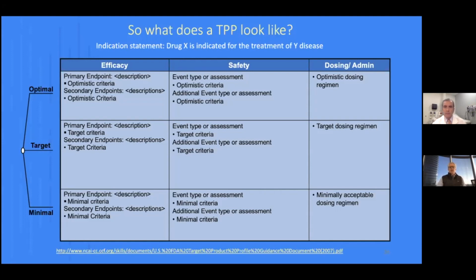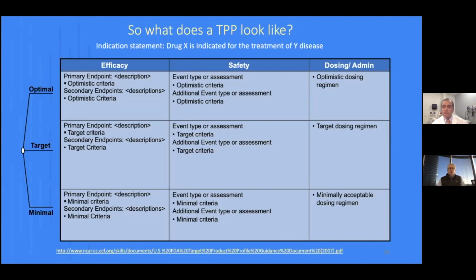And we often then break it down into target. What is the target that you're specifically focused on achieving? There might be optimistic or optimal levels that even exceed those targets for what you'd hope for efficacy and safety. And there may also be some minimal criteria where if you don't achieve these minimal criteria, then the therapy that's being developed may not really provide the benefit that was anticipated when it was first started.